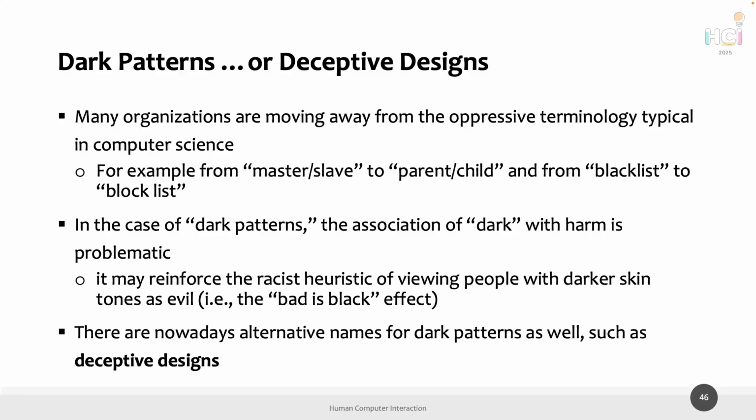Dark patterns was the original name. Nowadays you can also find alternative names like deceptive designs. As you may know, many organizations are moving away from oppressive terminology that we used in the past in computer science, for example, from master-slave to parent-child, and from blacklist to blocklist.